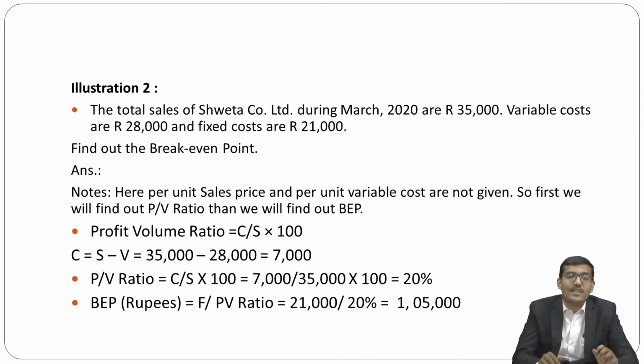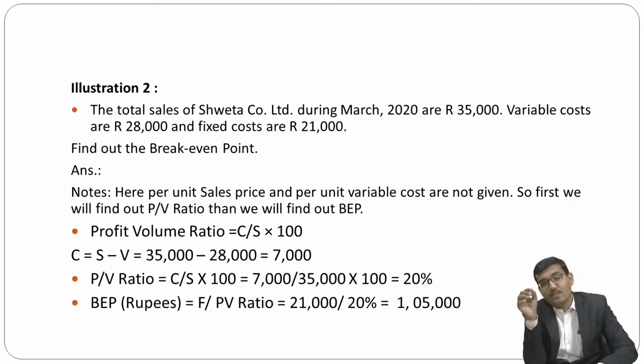The next illustration: the total sales of Shweta Company Limited during March 2020 are rupees 35,000, the variable cost is rupees 28,000 and fixed cost is rupees 21,000.